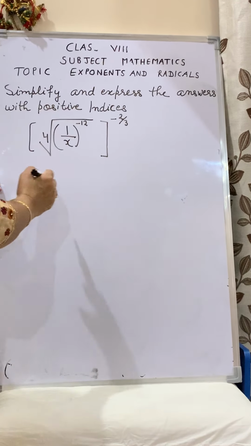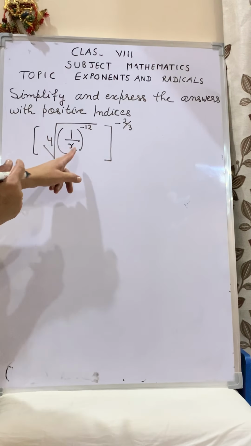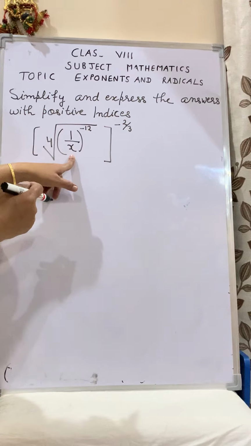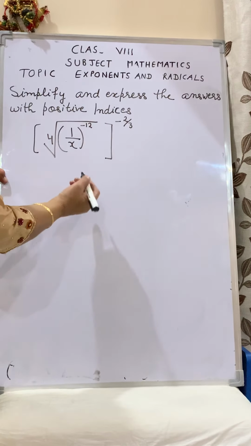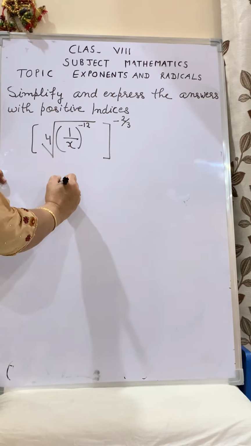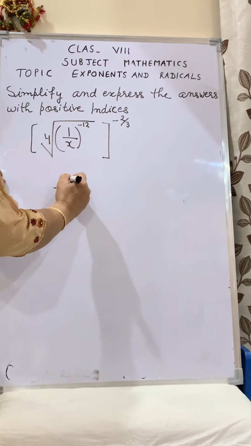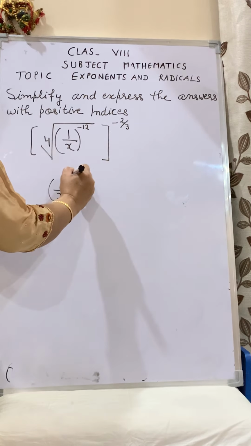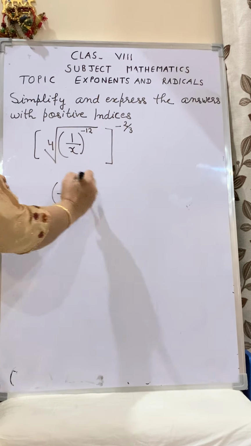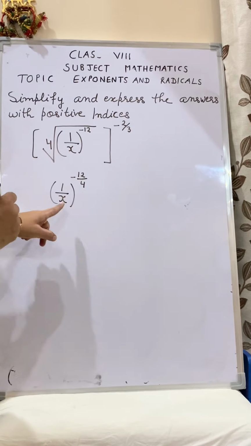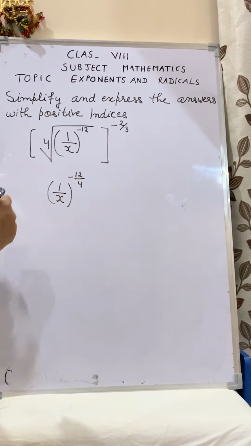First of all, we will write this radical in exponential form. How will we write it? 1 by x raised to power minus 12 is the radicand, over 4. It is the exponential form of this radical.